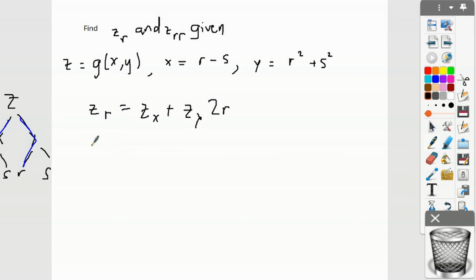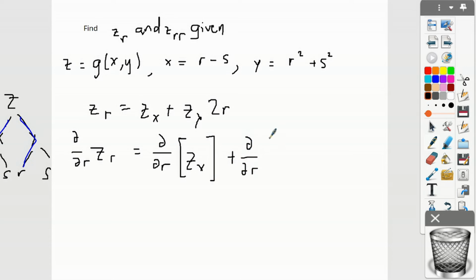So right here. Now what do we get? We want to find z sub rr, and I'm just going to write it like this, just so that it's a little bit easier. Right? So it's partial derivative, this is like an operator. So partial derivative with respect to r, like this, of z sub y times 2r.